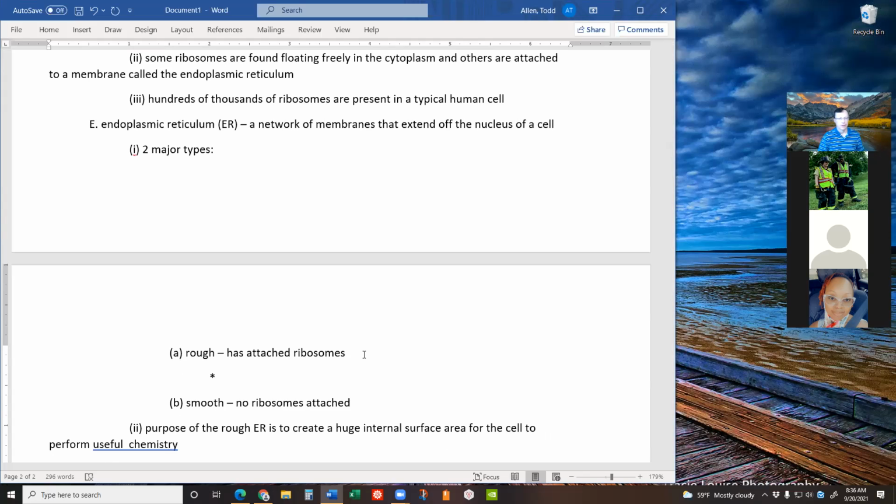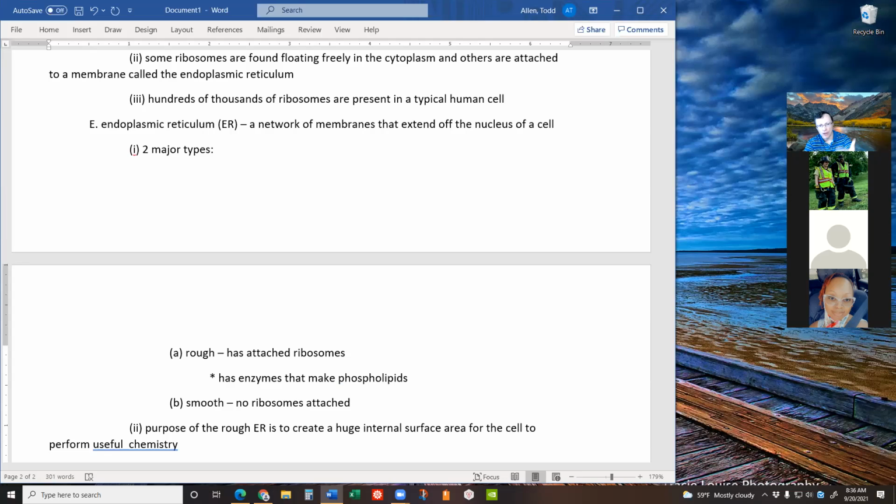There's something else. In the rough ER, there's also going to be a variety of enzymes that are involved in the production of phospholipids. So the rough ER has enzymes that make phospholipids. Phospholipids keep coming up in our conversation, right? We just talked about the phospholipid bilayer of the plasma membrane, and we referenced phospholipids in chapter 2 as one of the major subtypes of lipids.